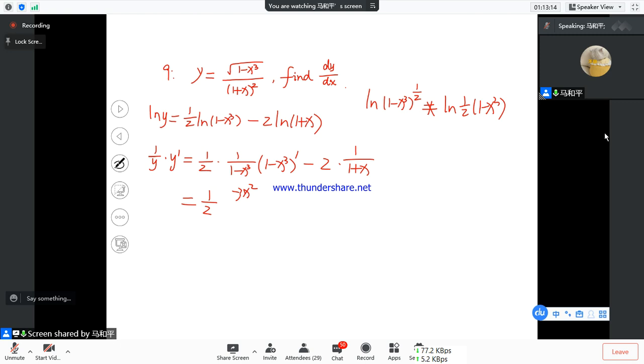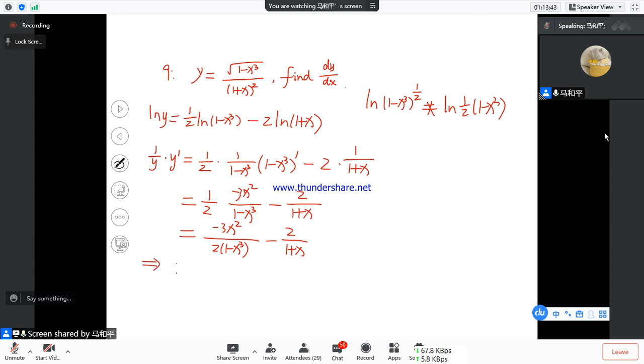Negative 3x squared over 1 minus x cubed, minus 2 over 1 plus x. And so we can write this as y prime over y.